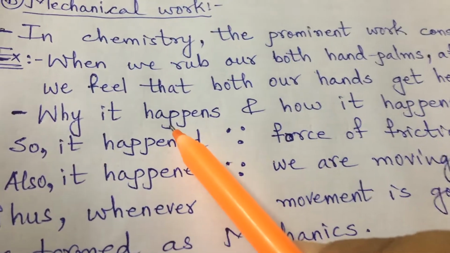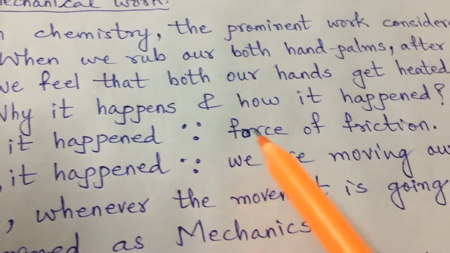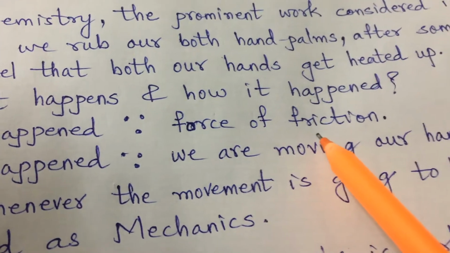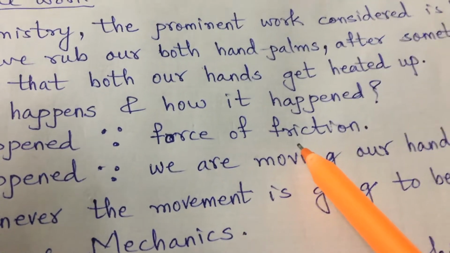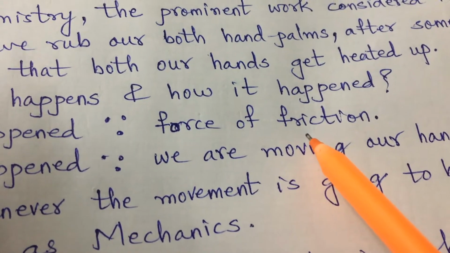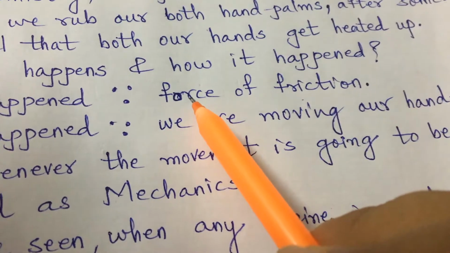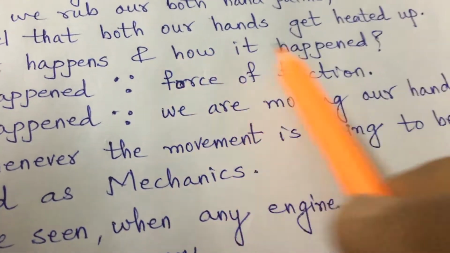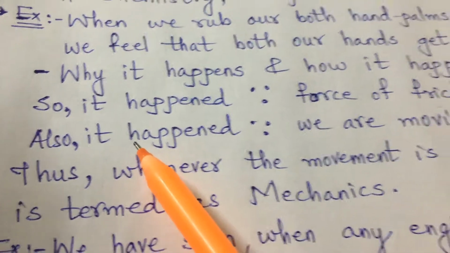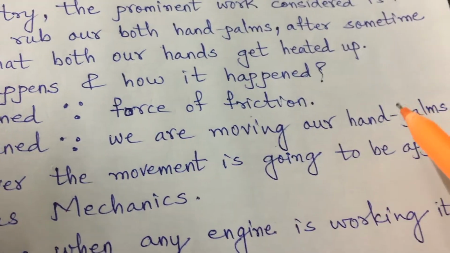It's simple to answer that it happened because of the force of friction. When we are rubbing our palms, there is friction between the two surfaces of the palms, which is termed as force of friction. And how it happened? Because we are continuously moving our palms.